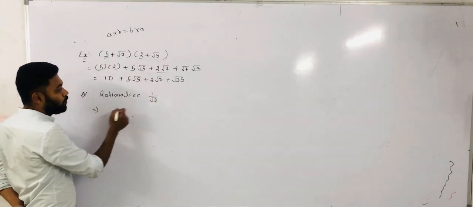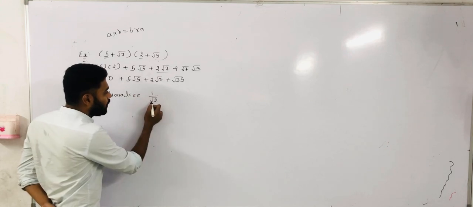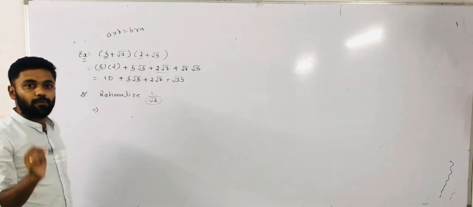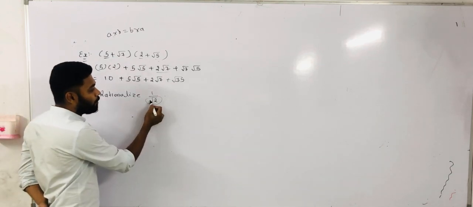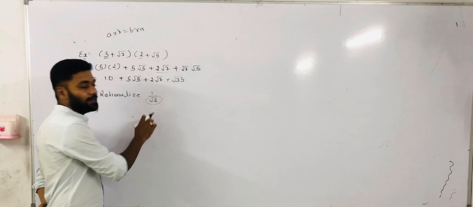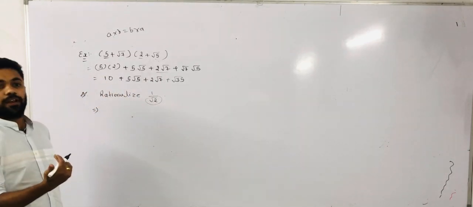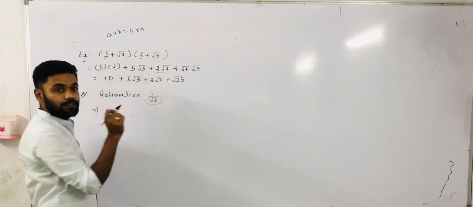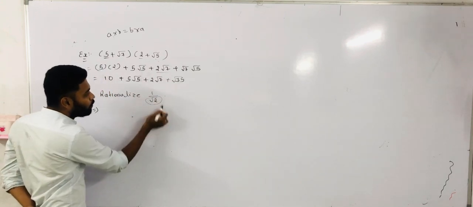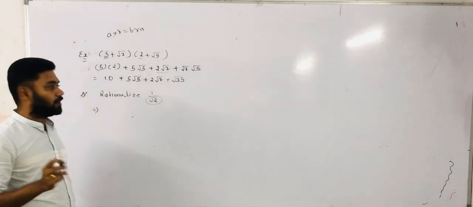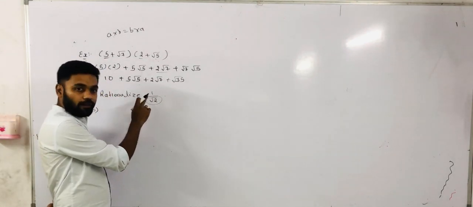The denominator is under root 2. Rationalize means that you do not want an irrational number in the denominator. Only a rational number is required in the denominator. So if you want a rational number over here, then simply we have to remove the root. We cannot take a root in the denominator, otherwise it will become an irrational number.